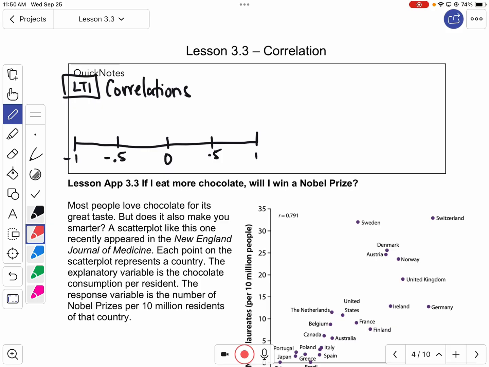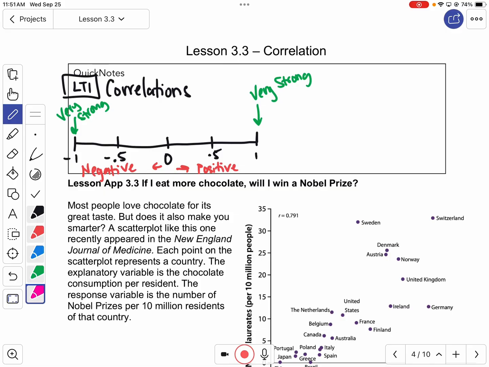And so if it's to the right, we're going to call it positive. If it's to the left, we're going to call it negative, which is obvious if I look at the number. If it's 1 or -1, we're going to call it very strong. So it's got to be pretty darn close to perfect for us to call it very strong.